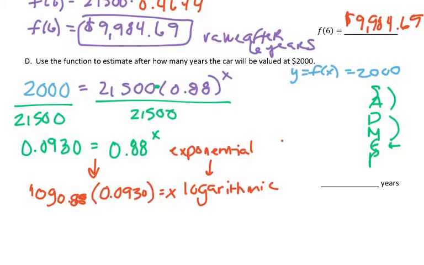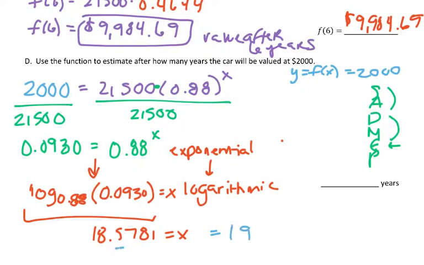So all we have to do is plug this into our calculator, log base 0.88, and that's under your math key, and then of 0.0930. And so we end up with 18.5781. And of course we're doing years, and so this 5 means that we'll probably round it to 19 years.